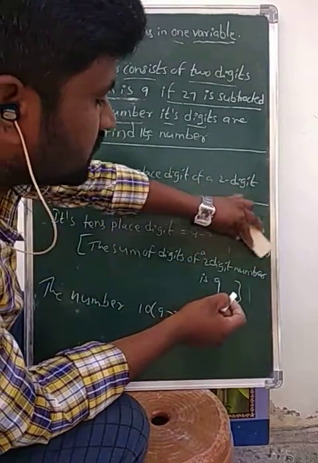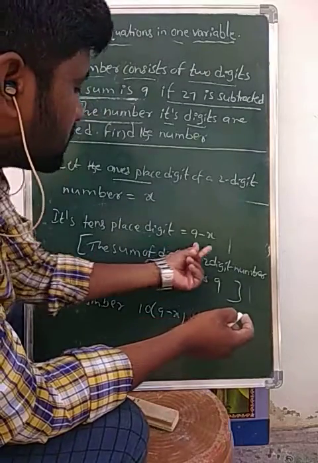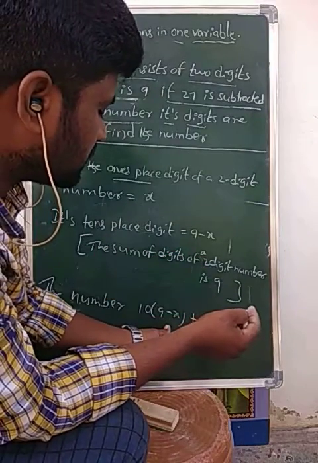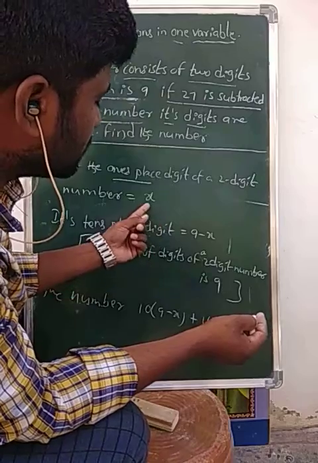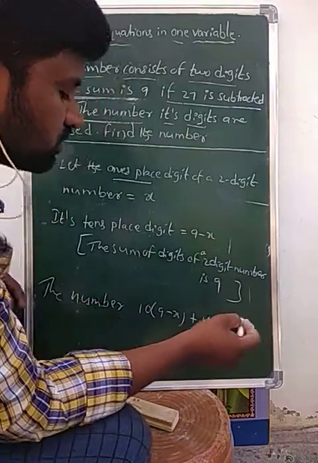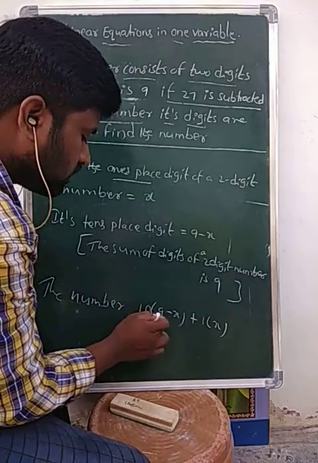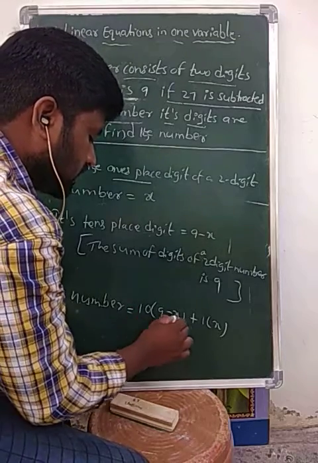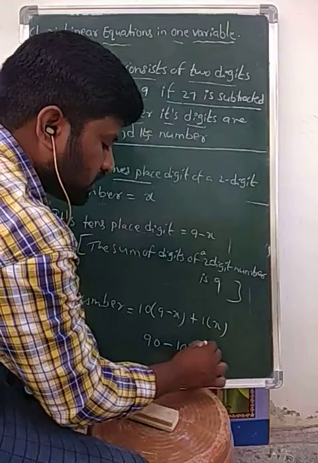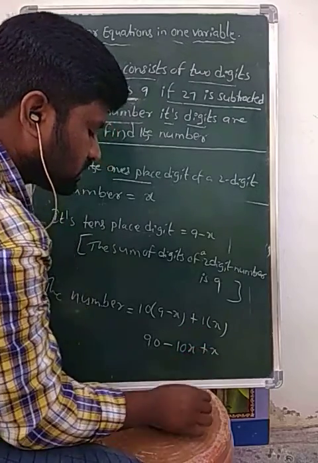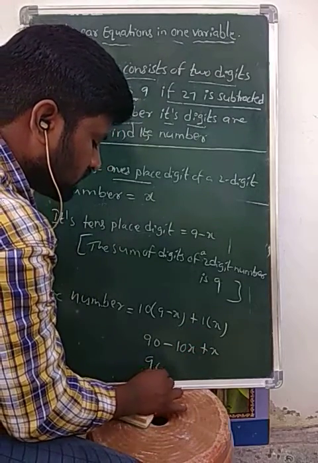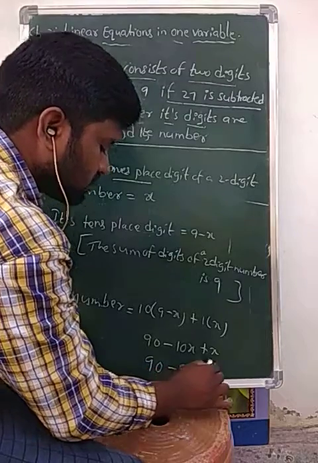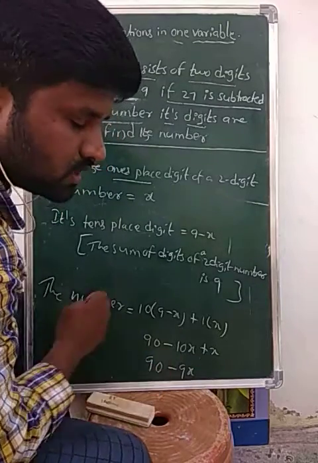So here the tens place digit is 9 minus x, so I multiply with 10, and the ones place digit is x, so I multiply with 1. So 10 into 9 is 90, minus 10x, plus 1x. Then we get 90 minus 9x.